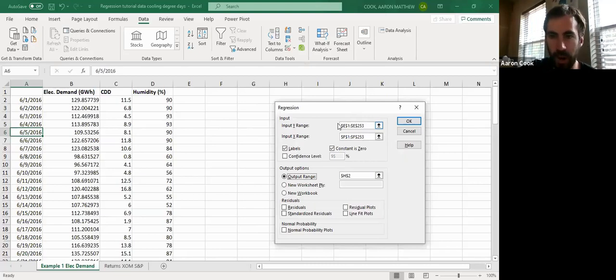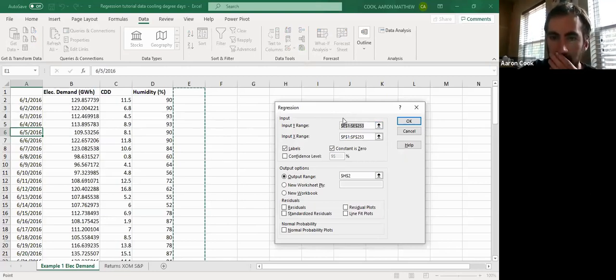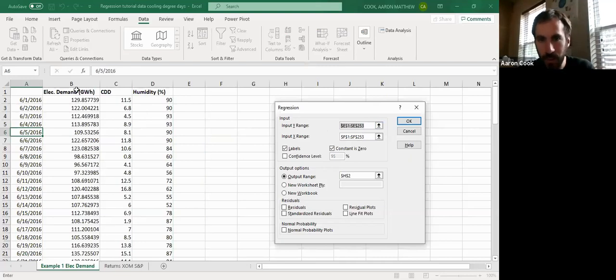So this y input range, this top box in this regression, is going to represent the data for the variable that we're trying to predict. In this case, that's electricity demand. You can click in that box and then select all the data for electricity demand.